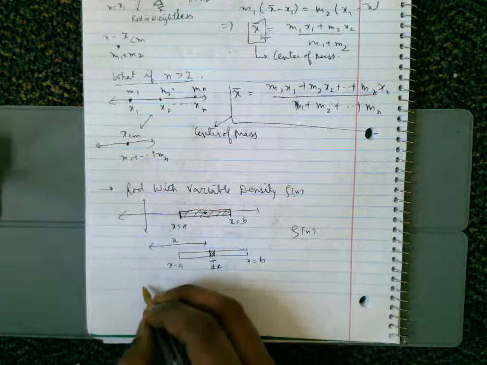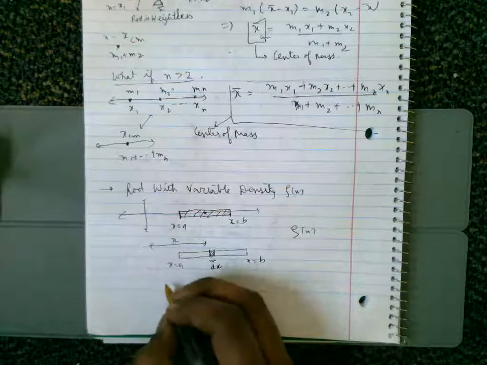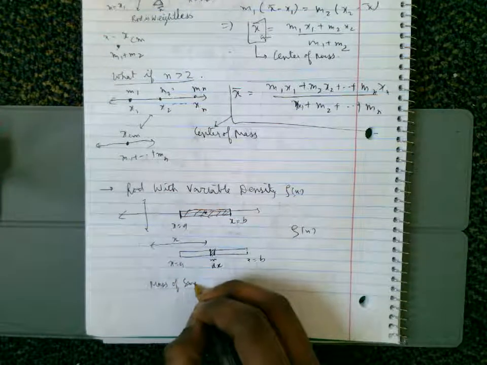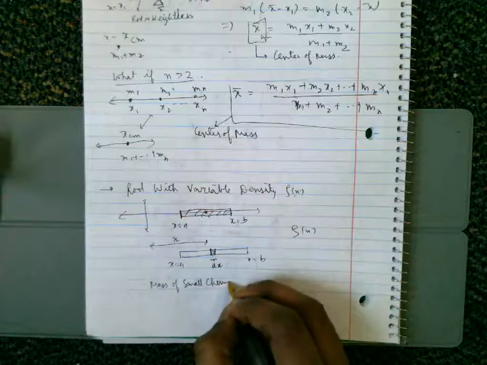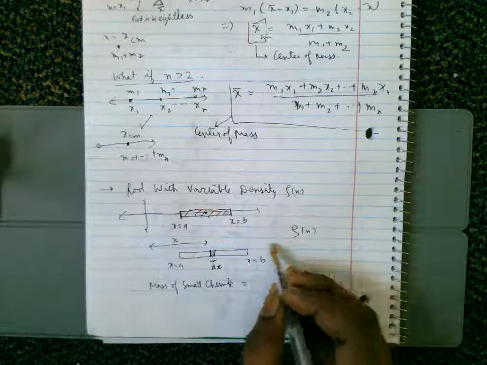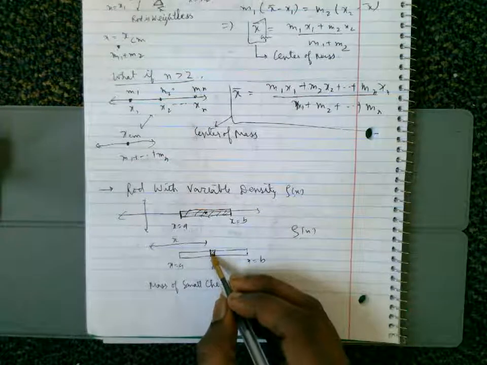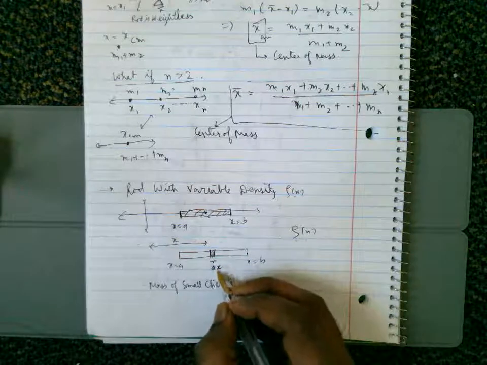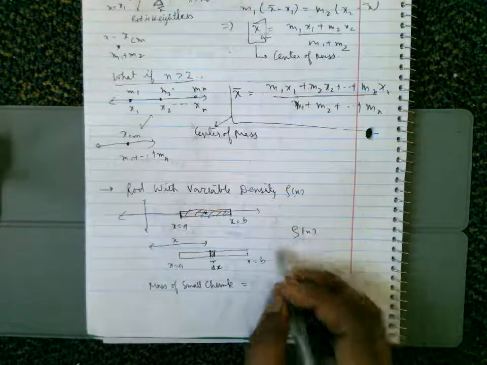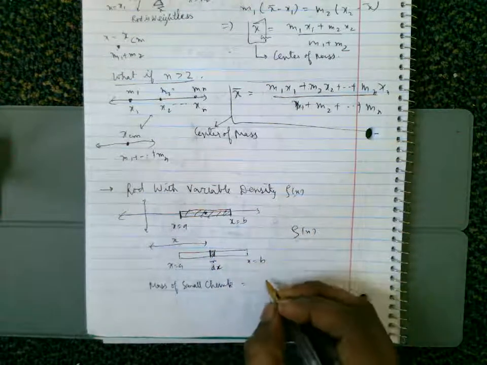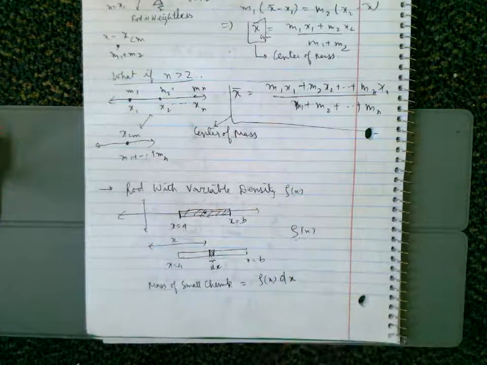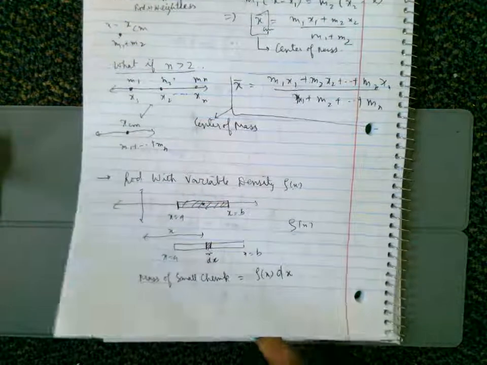All right. So that means the mass of this small chunk is, since this is like a small strip whose length is dx, and since rho of x can be assumed to be constant in this, we know that the mass of this small chunk will be rho of x dx. All right.